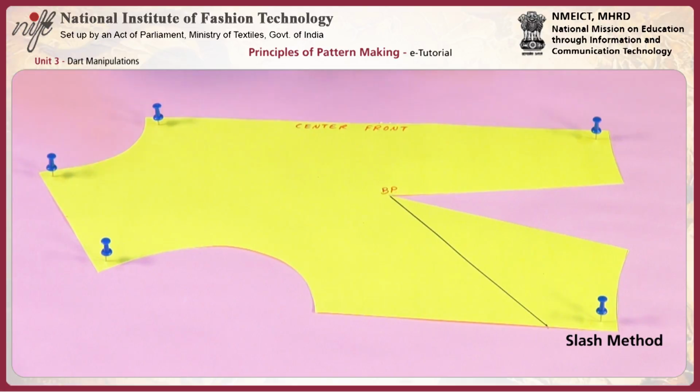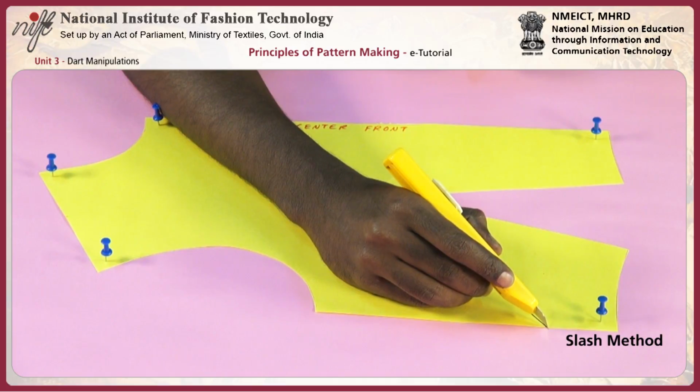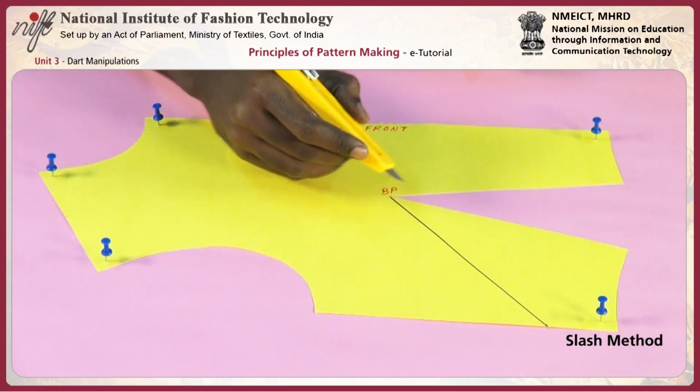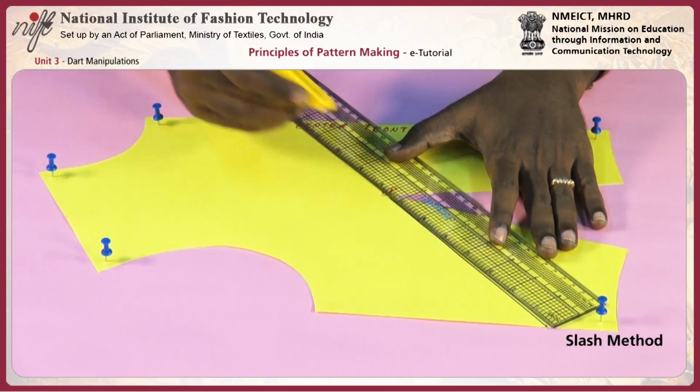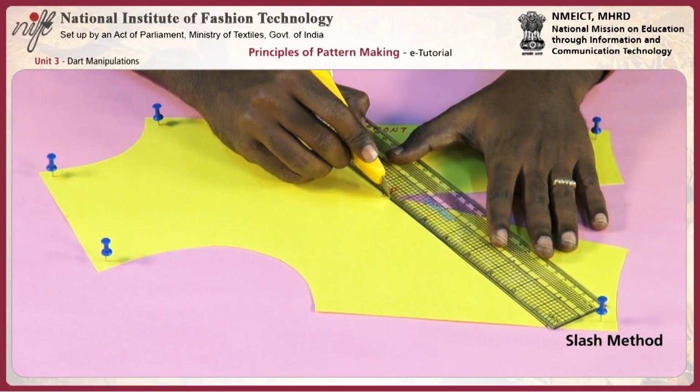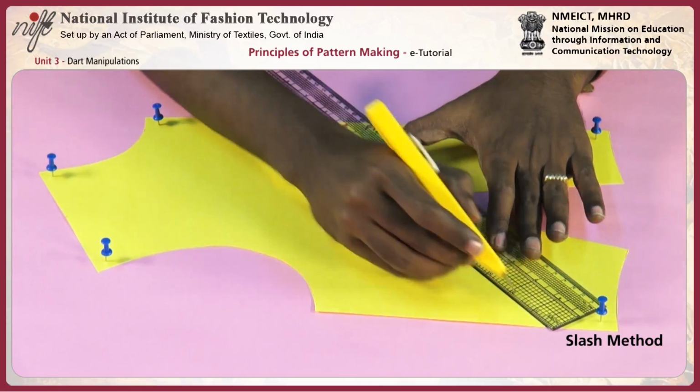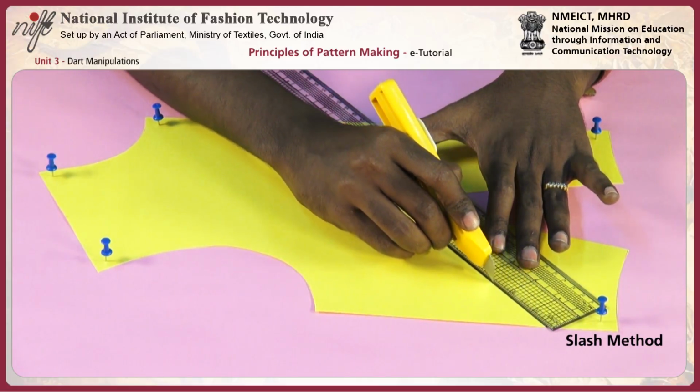Slash the pattern. Cut from the edge, the side seam, to the bust point. Stop 1/8 inch before so that you can spread the pattern.